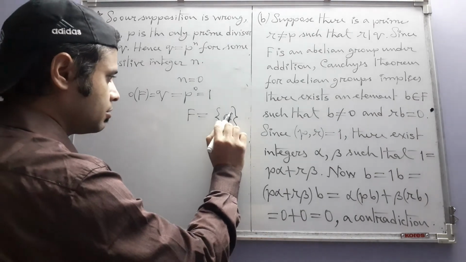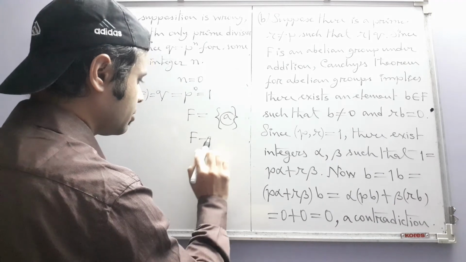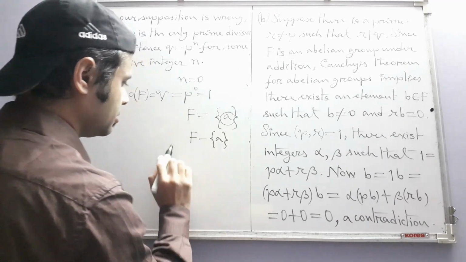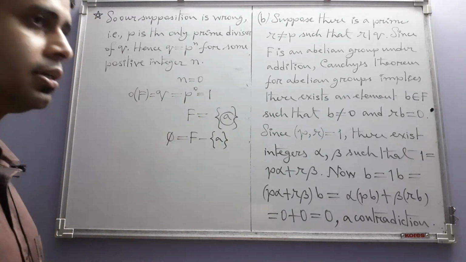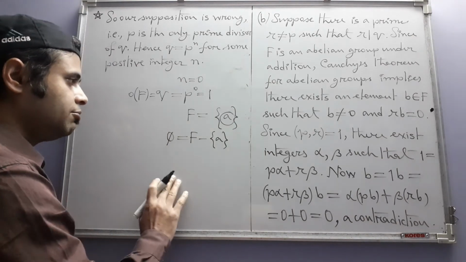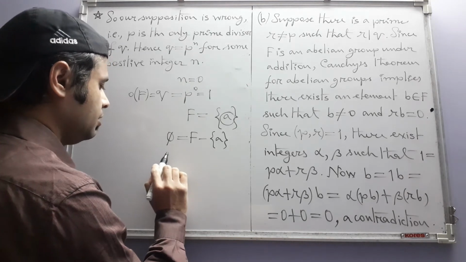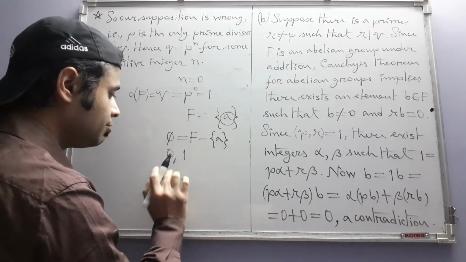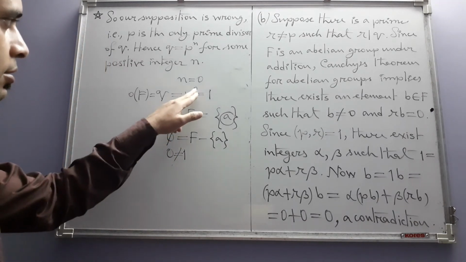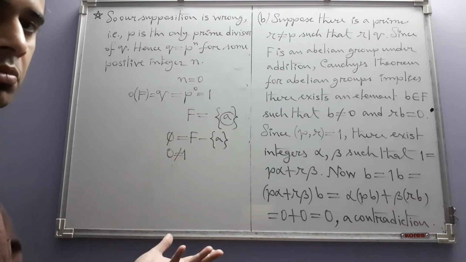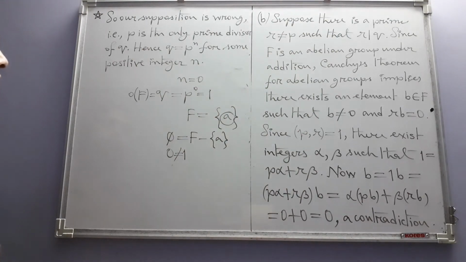Now, since the only element here is 0, the set of non-zero elements in this field is empty. So how can it be a group? So every field has at least 2 elements, and in particular in a field 0 and 1 are different. Okay, so this n cannot be 0, it has to be positive. So that's why n is a positive integer. Okay, so this is part B.